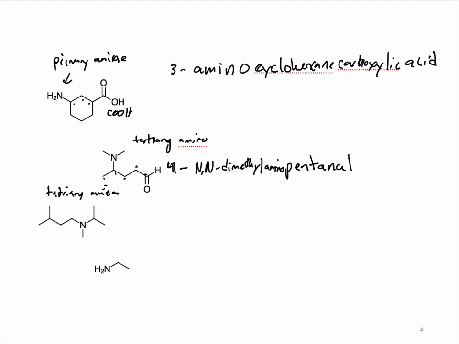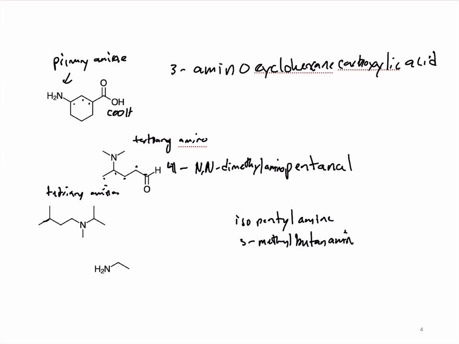The third one is going to also be a tertiary amino group. And we're going to use the longest chain, which is going to be the isopentyl chain. So we can have isopentylamine, or we can also call this 3-methylbutanamine.